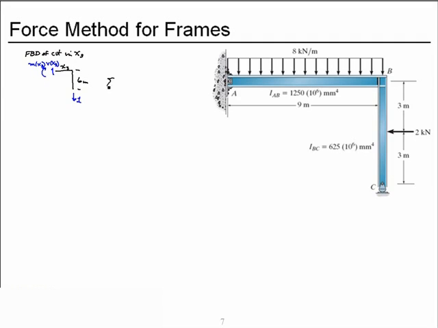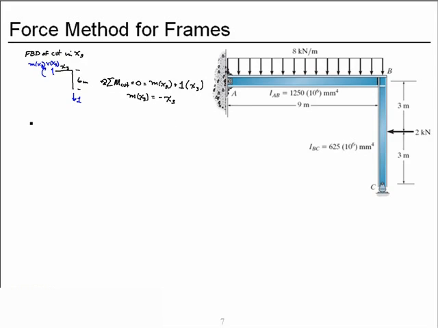We'll sum moments about the cut. Again, we'll take clockwise as positive. We get the moment at the cut, and our virtual force acting through a distance of x3. So my equation for moment in the range of x3 is minus x3.